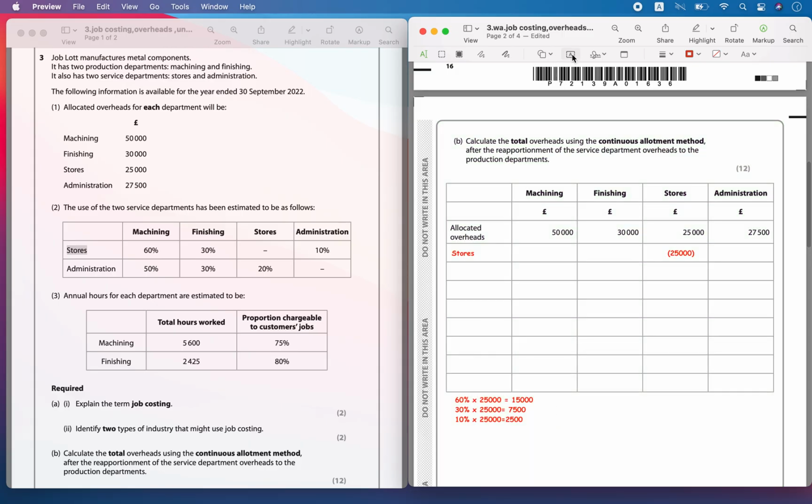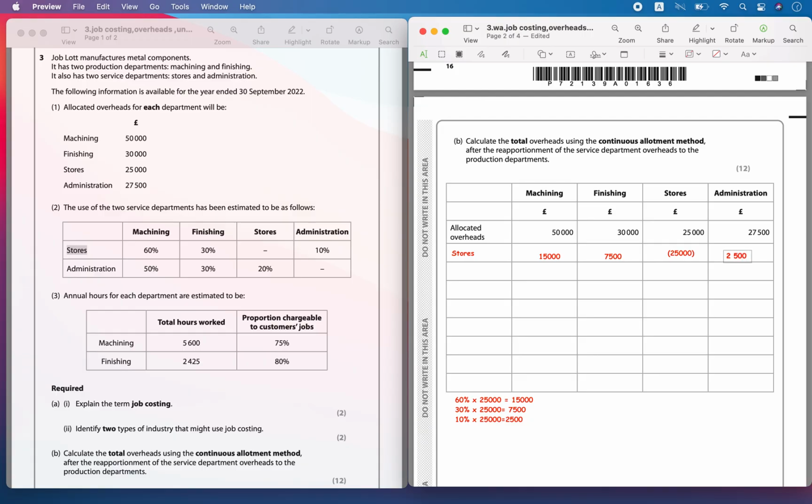Now I'm going to distribute this entire 25,000 as 15,000, 7,500, and then 2,500 for the administration.